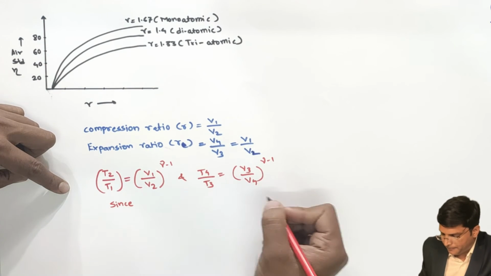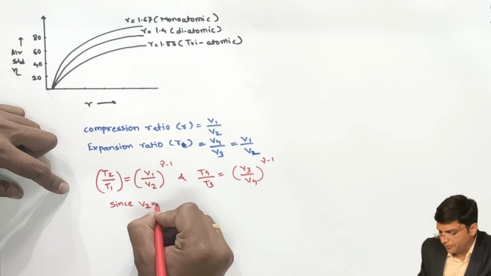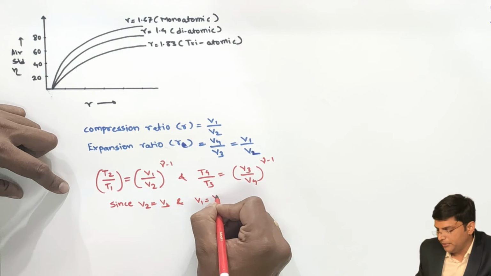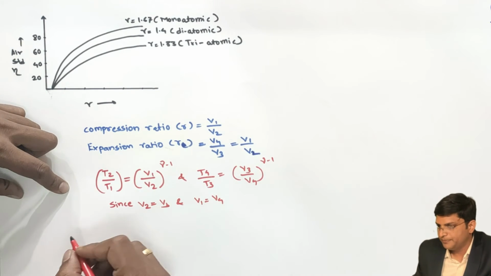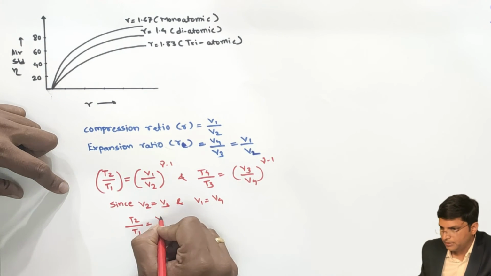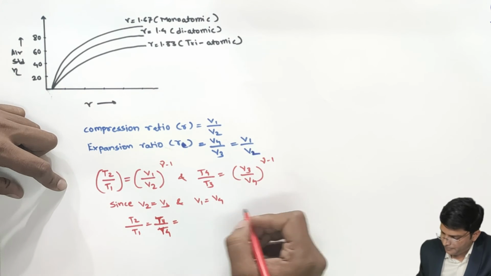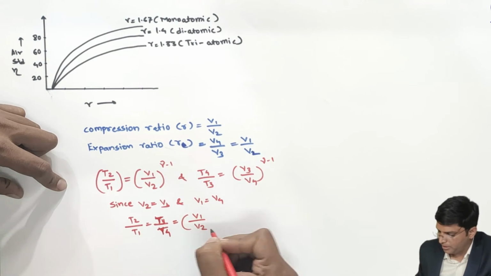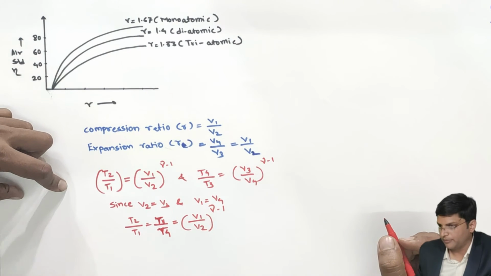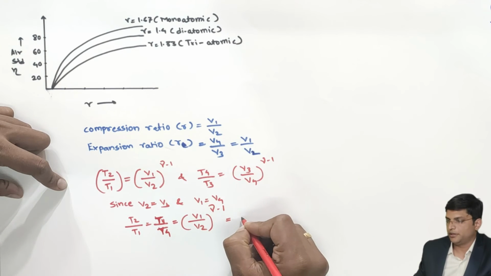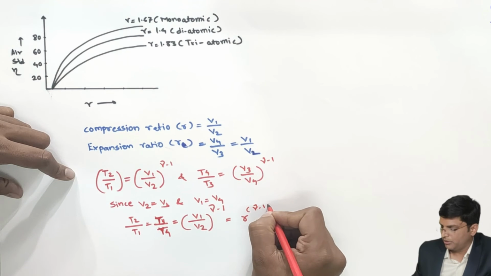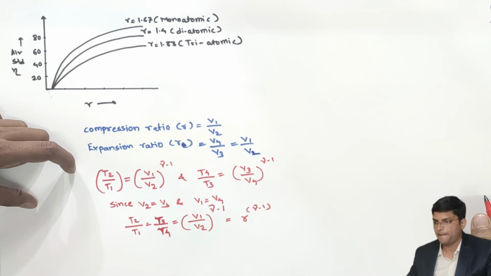Now since V2 is equal to V3 and V1 is equal to V4, the equation becomes T2 upon T1 is equal to (V1 upon V2) raised to gamma minus 1, which is nothing but the compression ratio r raised to gamma minus 1.